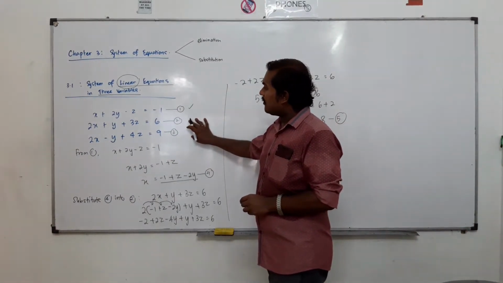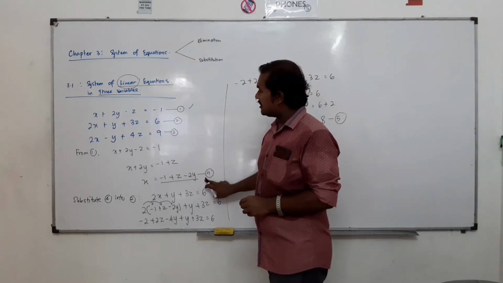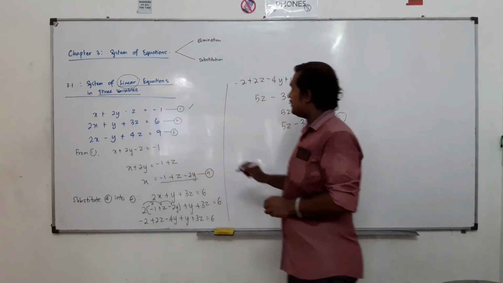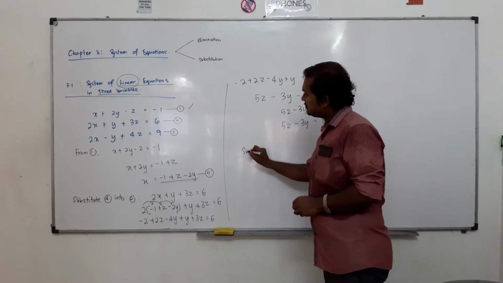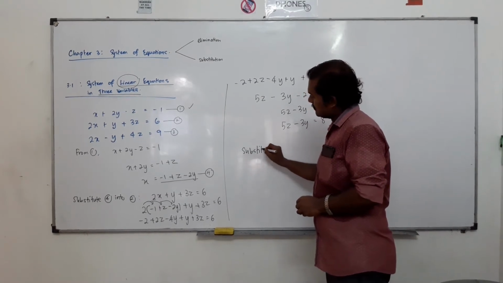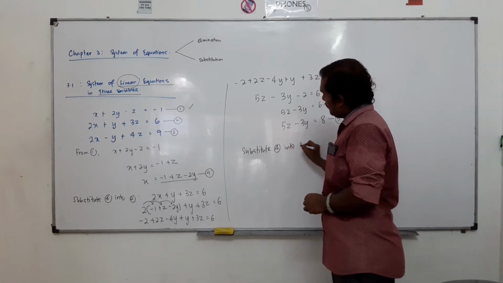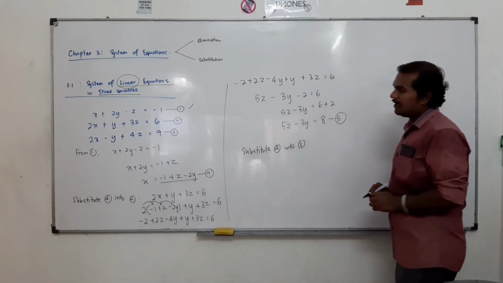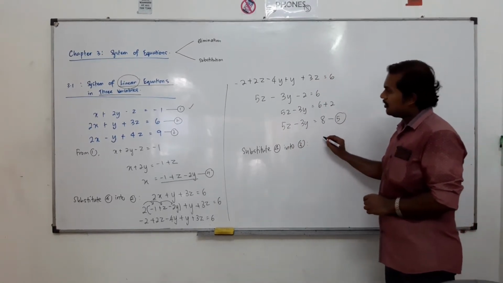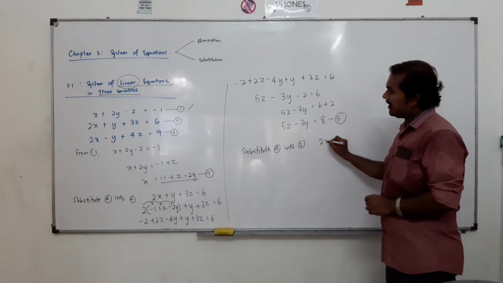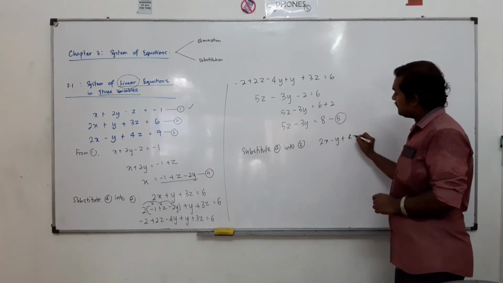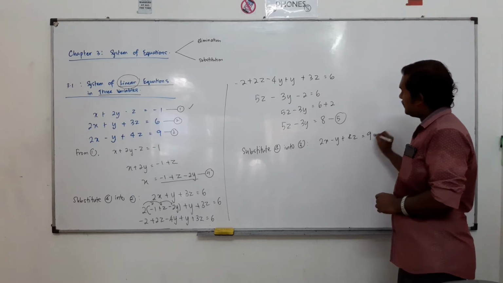We are going to substitute equation number 4 into equation number 3 now. In this case your third equation is 2x minus y plus 4z equals 9.